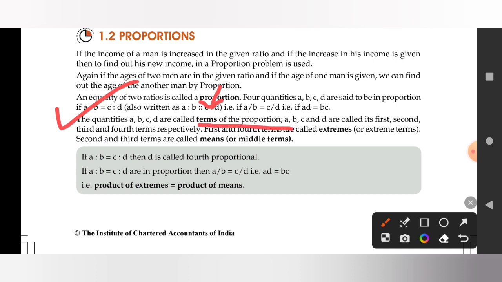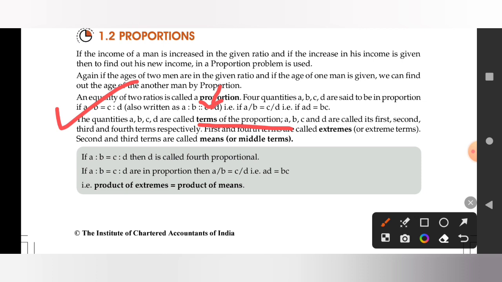If you have read ratios, what are the terms of ratio? A and B, right? So what were they called? Please write in the comment section what the first term was called.